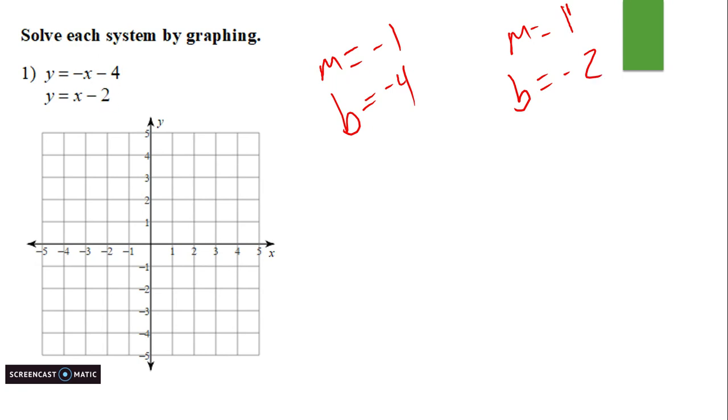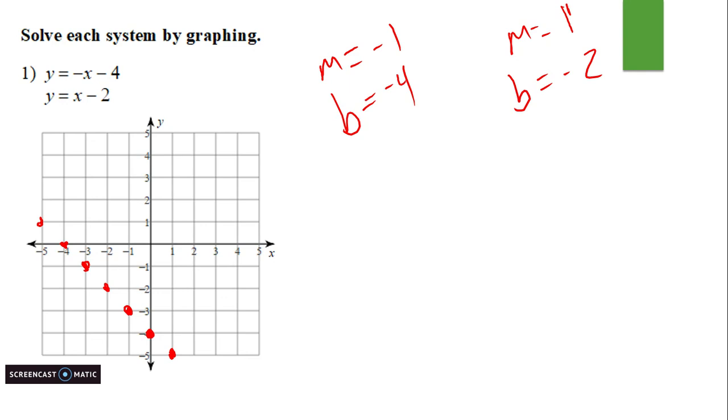So we're going to graph the two separate lines. First, I've got a y-intercept of -4, the slope of -1, so I'm going up 1 and over 1, making sure that my line goes down and to the right. If you remember from before, it's good to show as many points as possible when doing these, because then we can know what the intersection point is before we ever even graph them.